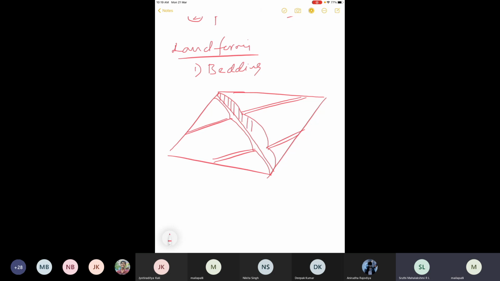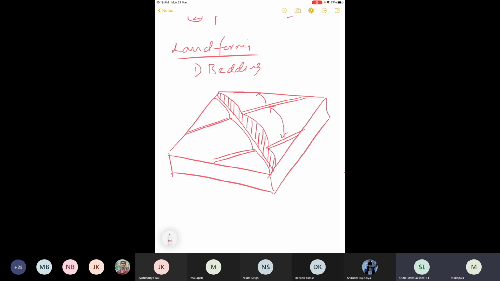Right, this is the cross-sectional view of the bed. Okay, so this is the rectangular piece of land. What I did was, from this to this is a bed. Similarly, from this to this is the bed.